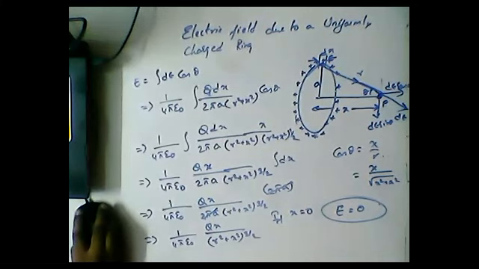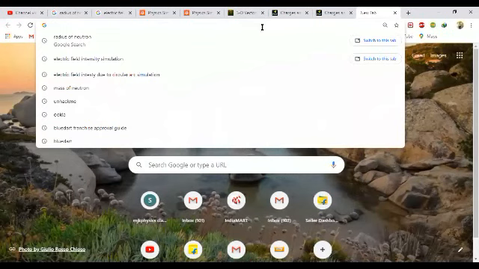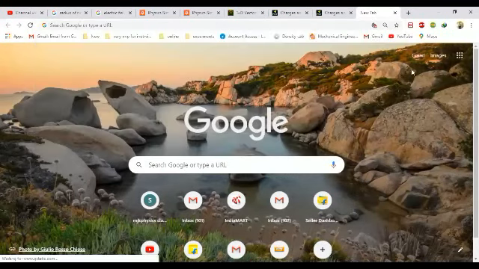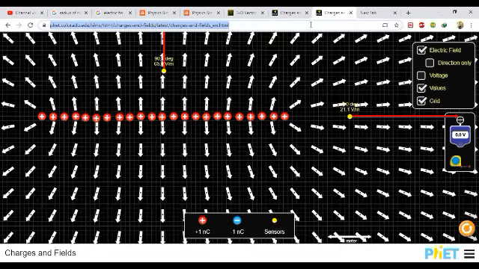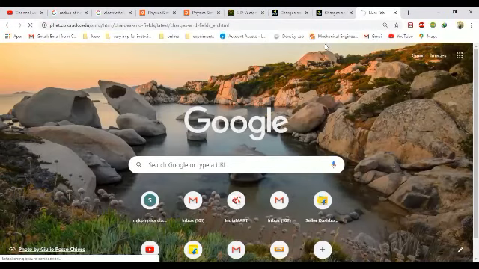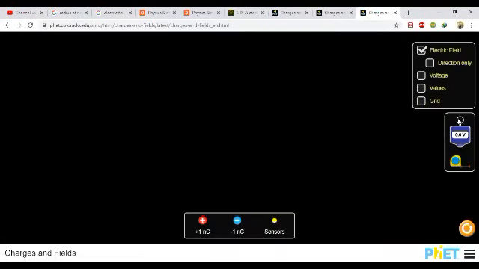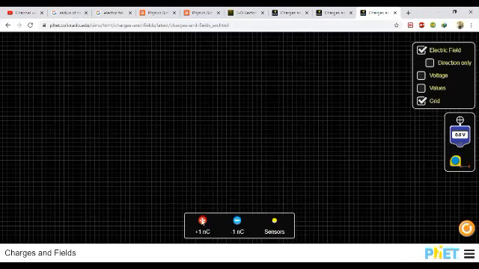So for better understanding we will observe the practical. I'm just considering here the electric field.